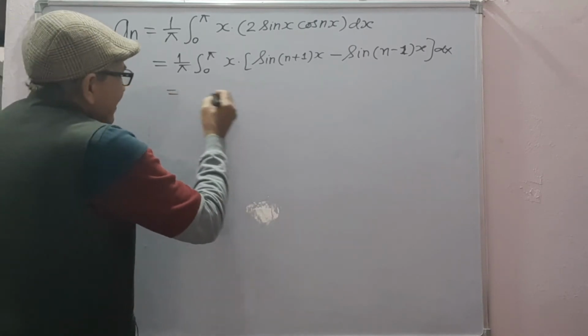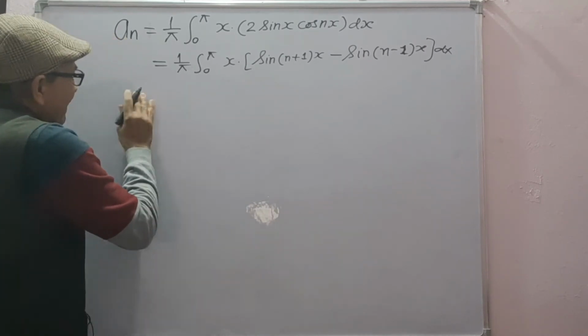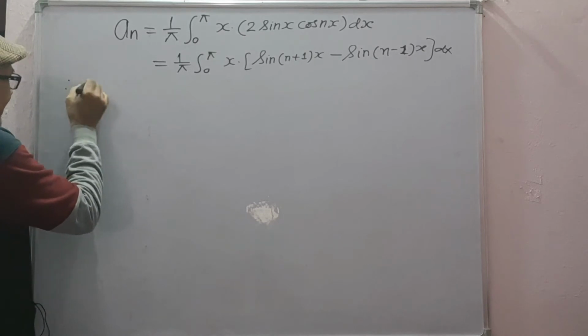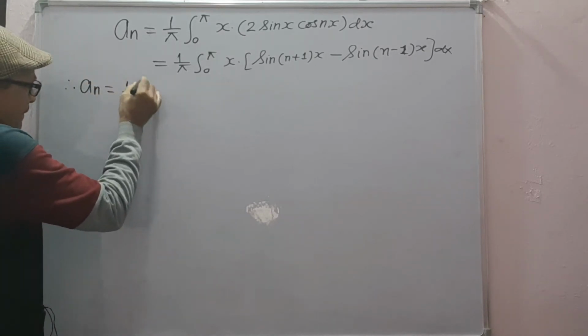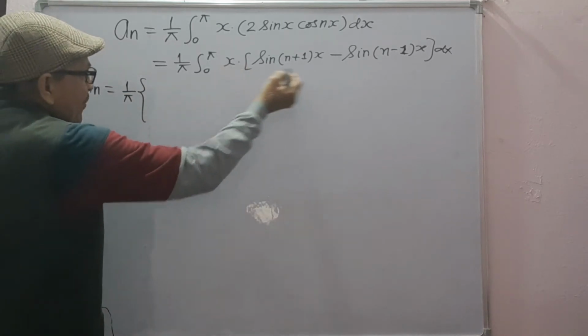Now, this can be integrated by parts. Therefore, we get an is equal to 1 upon pi, this is u and this is v.